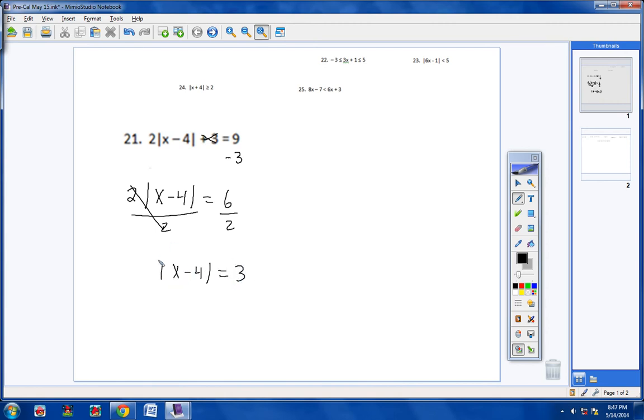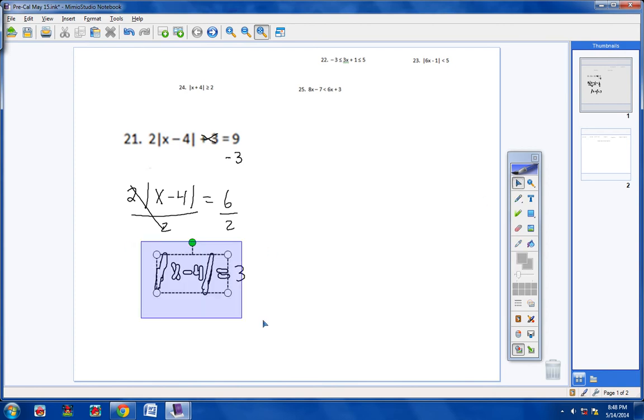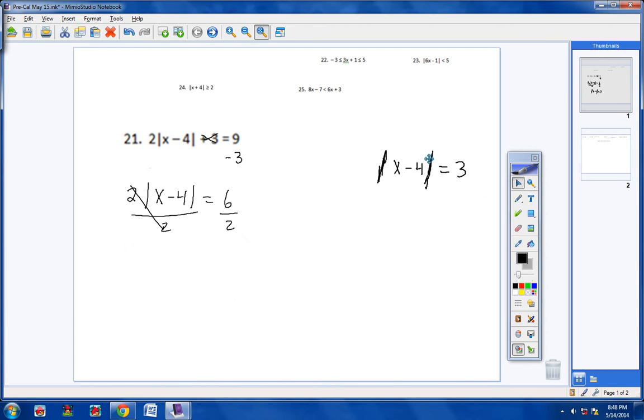Now, after you have isolated the absolute value, you then want to write 2 equations always. So let's go over this again. Step 1, isolate the absolute value. Step 2, write 2 equations. So the first equation you're going to write is x minus 4 equals 3. You write it just like it is without the absolute value symbols.